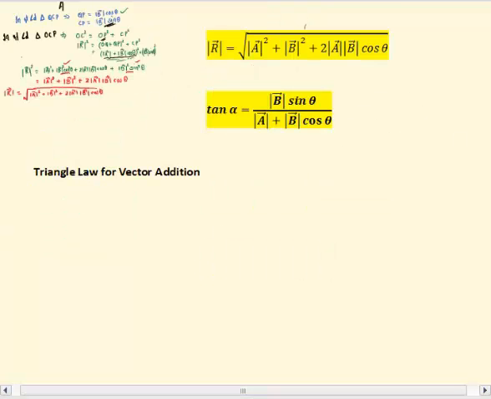The result of the parallelogram law of vector addition can also be summarized in terms of the triangle law for vector addition. And the result can be given like this.